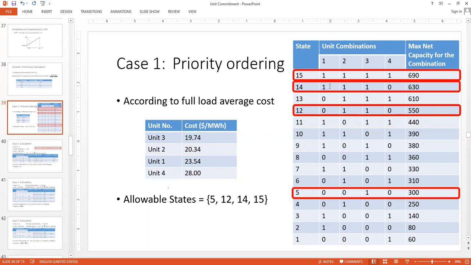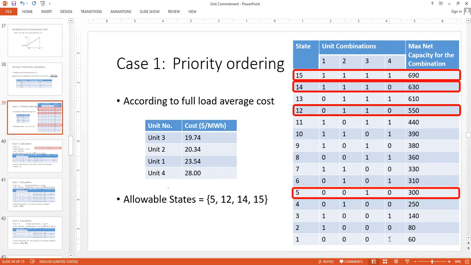So here these are the states that we talked about, and these unit combinations follow the strict priority ordering. Let's check some of the states which are not picked here. Let's check state number 1, where unit 4 is turned on. Unit 4 cannot be turned on before any other units, because it's the least priority unit.